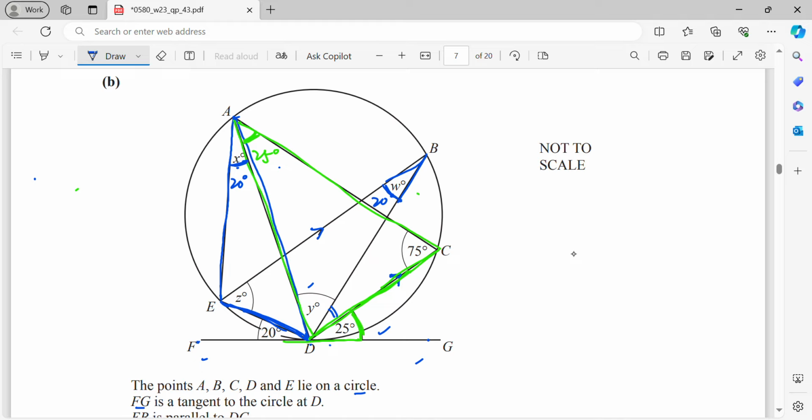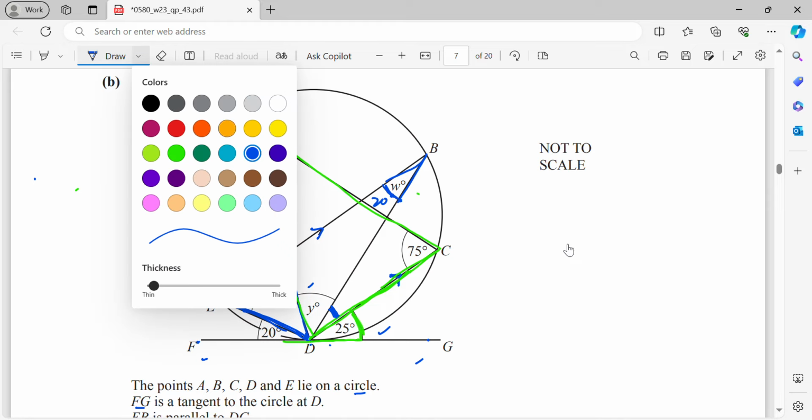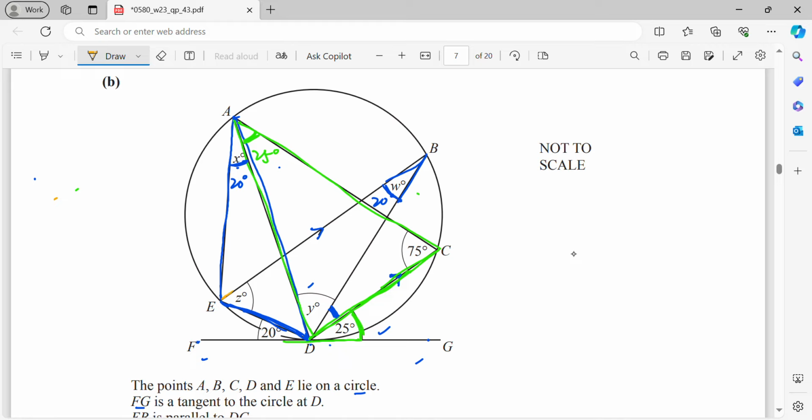Look at this line. They are parallel to each other. So when parallel to each other, this angle, the W, is the same as this angle, because of the zigzag, right? So this is going to be 20.